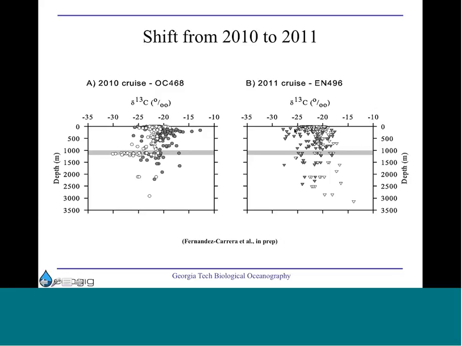Instead, we see a much greater spread of those low delta C13 values throughout the water column, and this is evidence that the movement of organic carbon into the food web had an impact that lasted not just a few months, but in fact persisted for at least a year, and I'll show you in a few moments, for more than a year in the water column of the deep Gulf of Mexico.